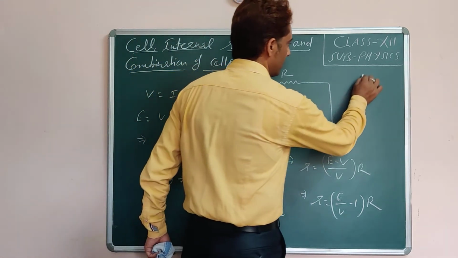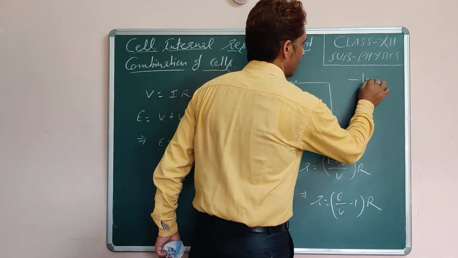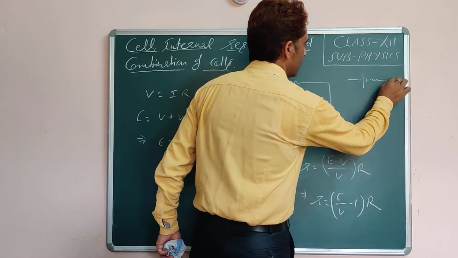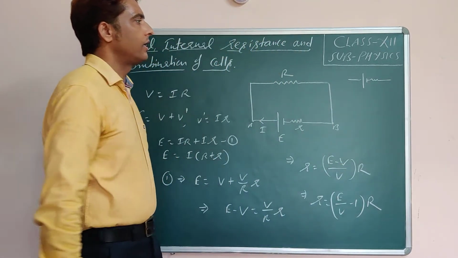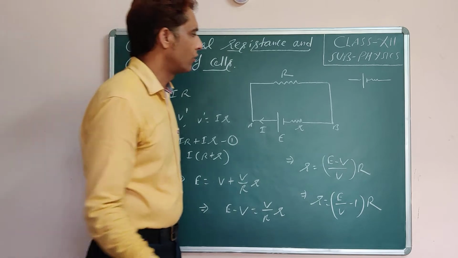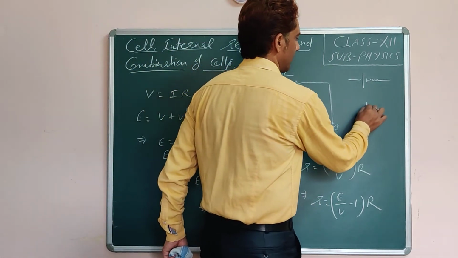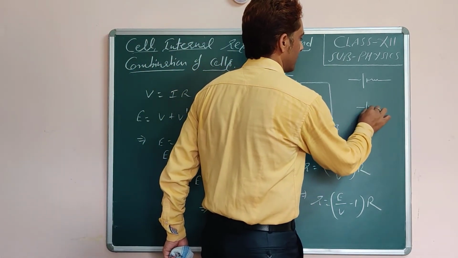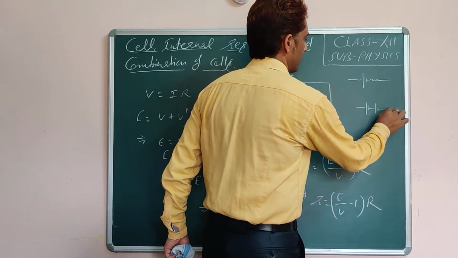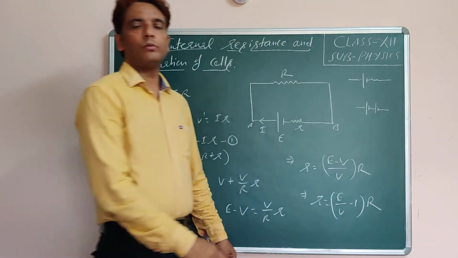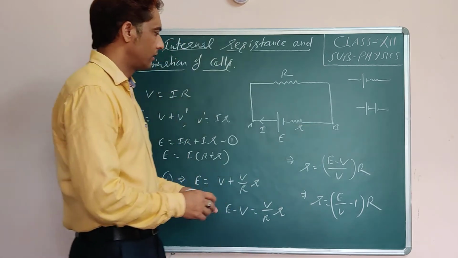So this is the symbol for a cell, and when there are a large number of cells, or two or more than two cells, for example if there are two cells, then it constitutes a battery.